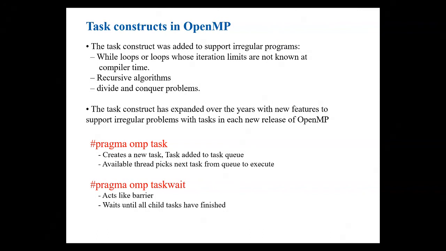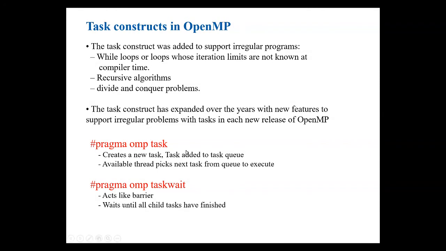Tasks were actually introduced in OpenMP 3.1. However, compiler support came quite a bit later, so it was not widely used. Then in OpenMP 4.0 and OpenMP 4.5, they added more control to the task construct. And now it's in good shape, and you can use it without problems.